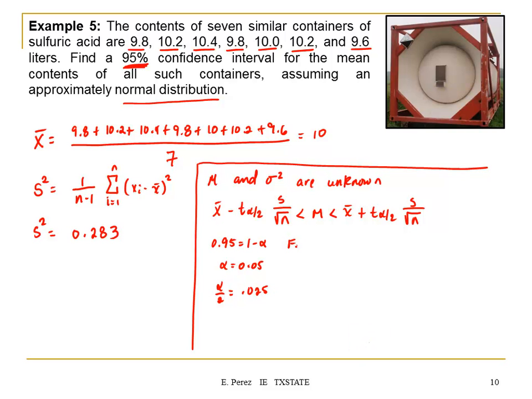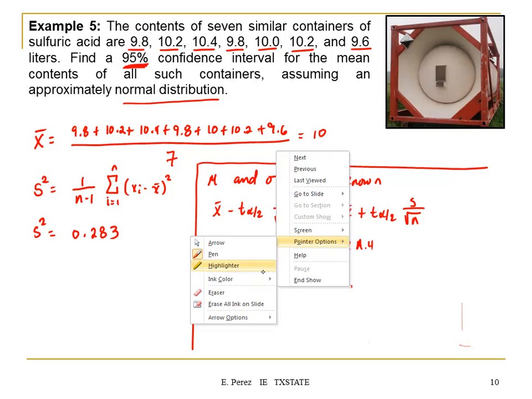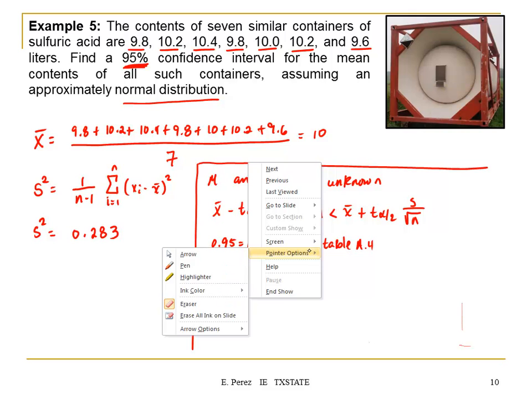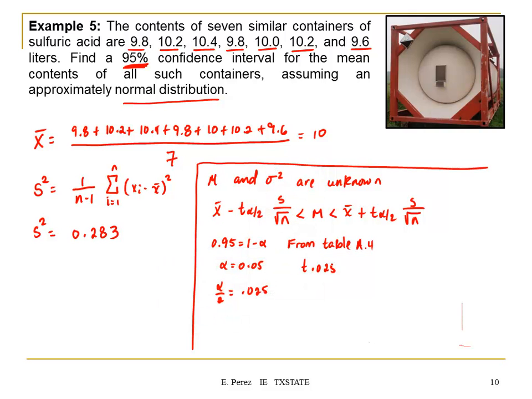So from table A4 of your textbook, and this table is also in the second package that I gave you with tables, t of 0.0025, sorry, t of 0.025 should be equal to 2.447.